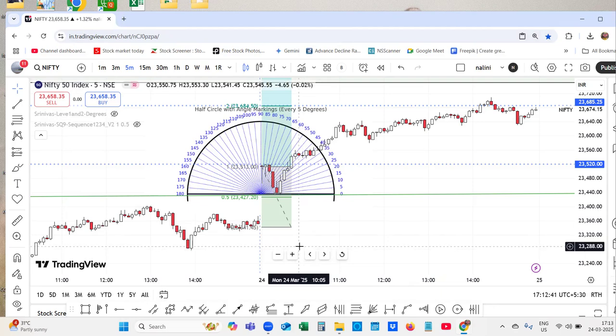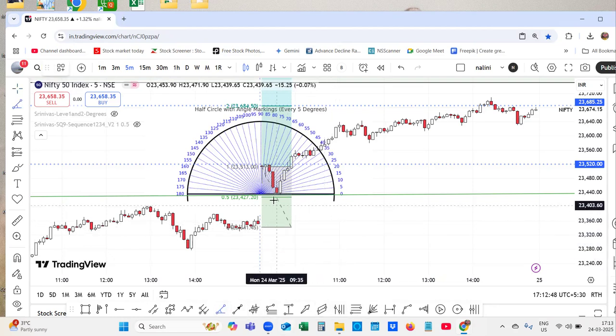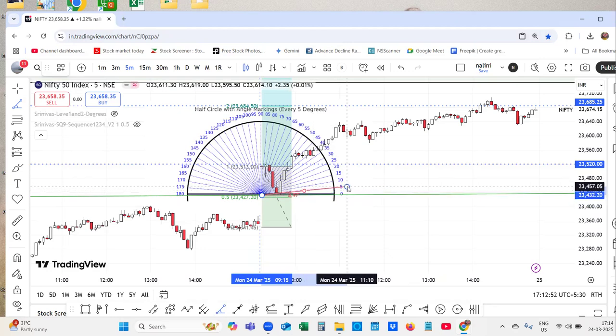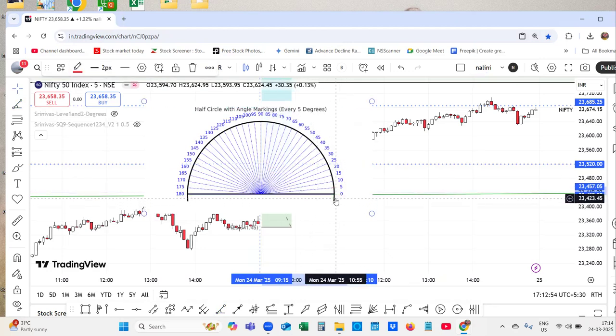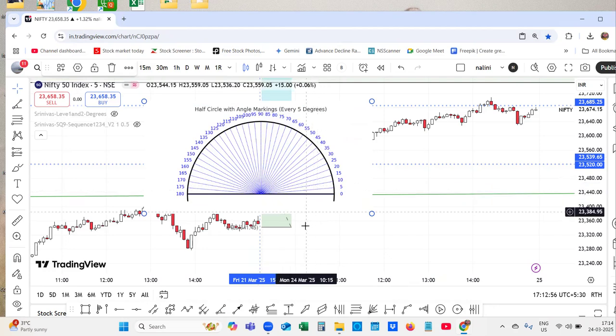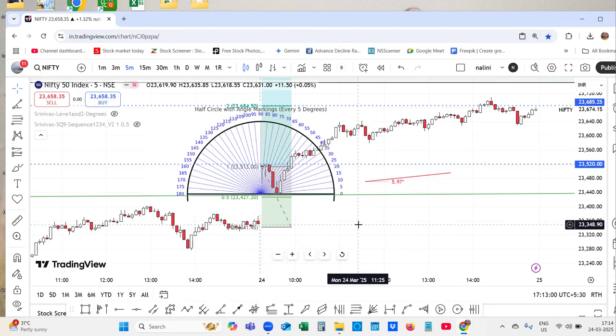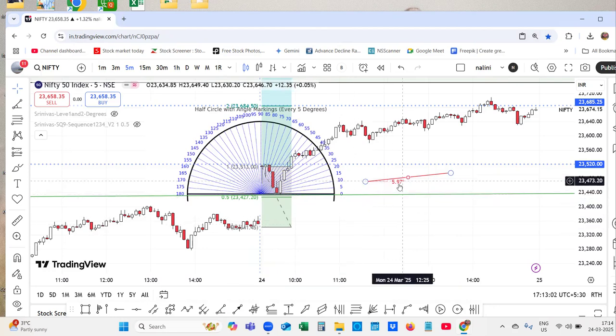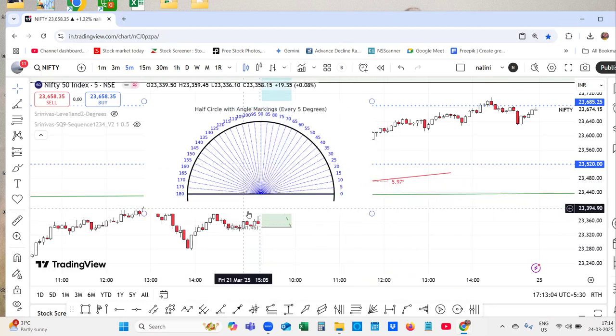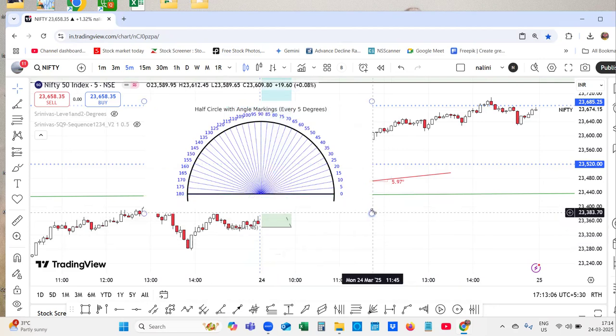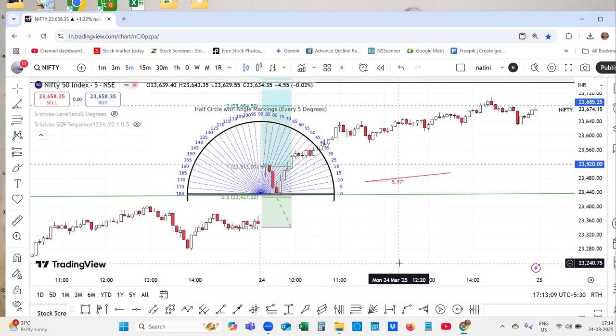Actually, if you calculate the 5-minute degree, let me take the angle. If it starts rotating, the 5-minute degree becomes difficult for me to show you. See, 5-minute is 5.97 almost. It is not exactly 5 degrees. So it starts rotating when the price starts.